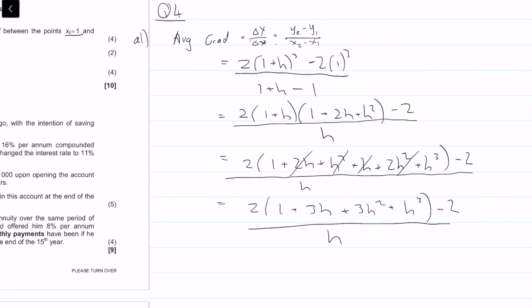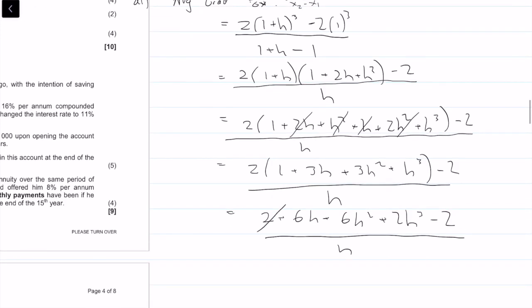I'm going to now multiply this 2, so that's going to be 2 plus 6h plus 6h squared plus 2h cubed, minus 2, over h. I'm going to cancel these 2's, and I'm going to pull out an h. So what I'm left with is h times 6 plus 6h plus 2h squared, all over h, these h's cancel.